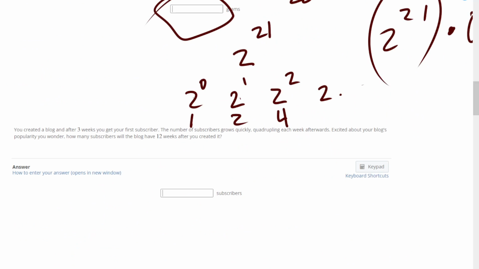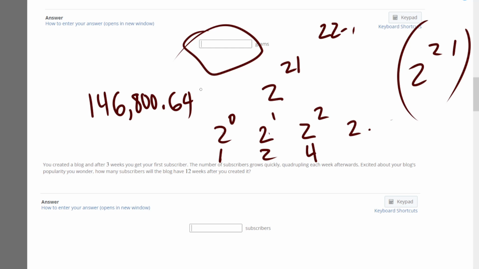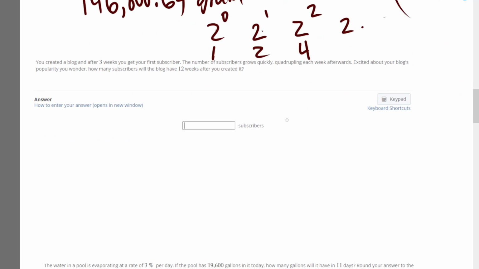I'll do that really quick, so if you want to try that, you can see. Okay, so I get 146,800.64. Sorry, sometimes my brain doesn't have enough power to think about what the words are. But that's our answer, and that would be grams. So a lot of kernels of corn.